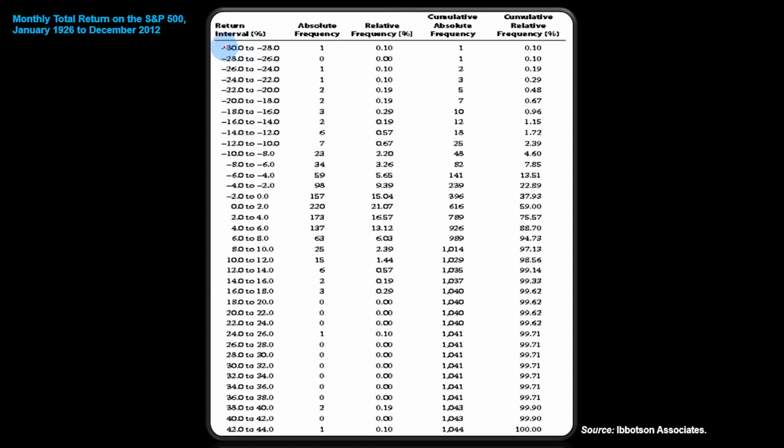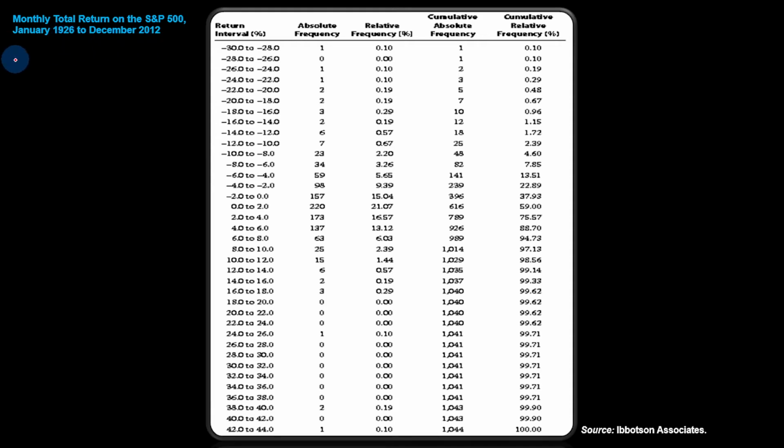All right. So as you can see, we have a lot of intervals, and the quantity of monthly data is pretty large. So let's see how the frequency distribution table can help us find out important information about these monthly returns. Like I said, the monthly total return on the S&P 500 is from January 1926 to December 2012.